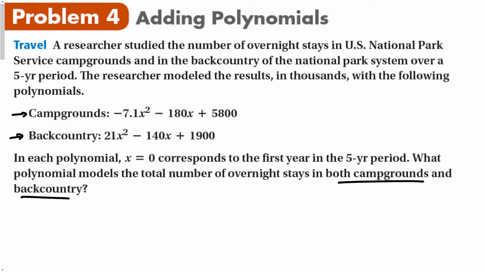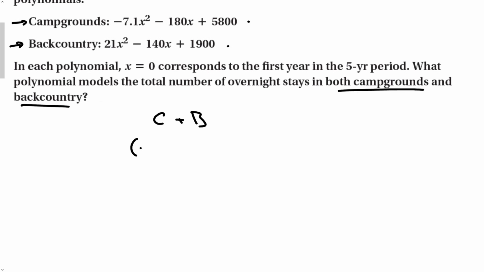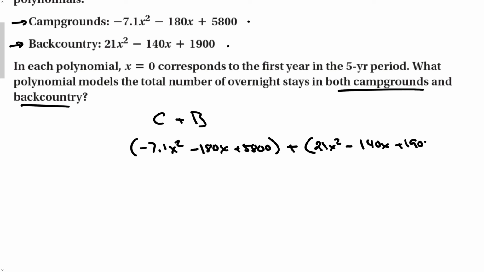So basically, if I want to know the polynomial that represents everybody camping in both of these places, I'm going to take the campgrounds and I'm going to add them to the backcountry. And there we go. Okay, so that's going to be negative 7.1x squared minus 180x plus 5,800 plus the backcountry polynomial, 21x squared minus 140x plus 1900.